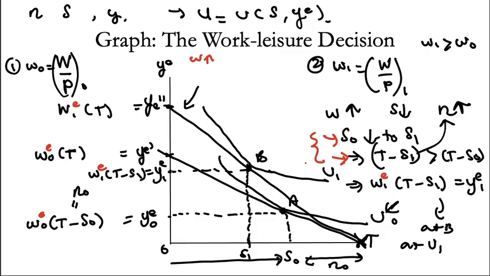But at the same time, sometimes you can see that when there is an increase in income or wage rate, some people reduce their working hours because they believe that by working less, they can still get the same amount of income as before, because the wage rate increase has compensated the loss from reduced working hours.